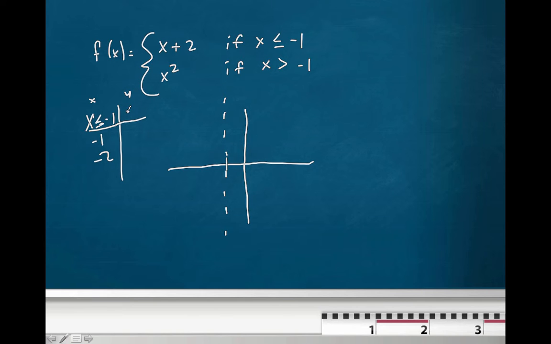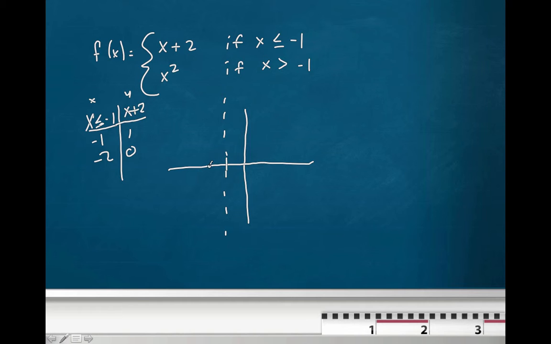And y will be defined as x plus 2 for that part. So in other words, we'll take the x value and add 2 to it. So minus 1 plus 2 is 1, and minus 2 plus 2 is 0.